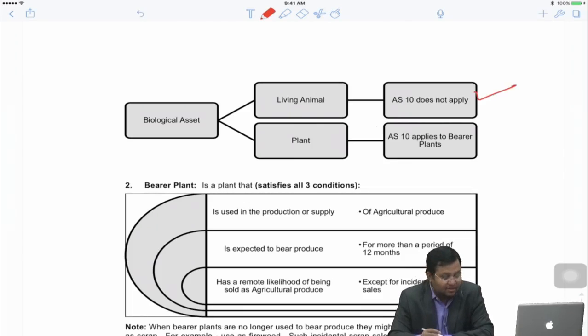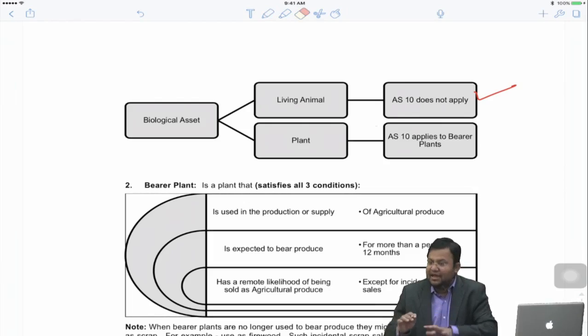है ना. स्टैंडर्ड डज नॉट अप्लाई टू बायोलॉजिकल एसेट्स रिलेटेड टू एग्रीकल्चर. AS10 डज नॉट अप्लाई. एक्चुअली इसमें दो टाइप थे. लिविंग एनिमल इज बायोलॉजिकल एसेट, बट लिविंग एनिमल यू कैन यूज not necessarily for agriculture.